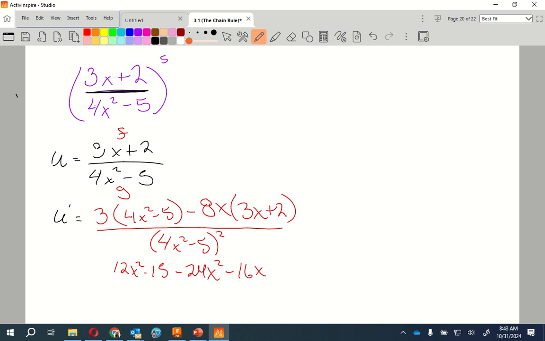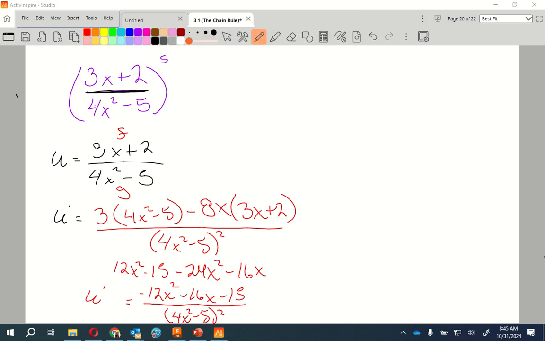Okay, so that's going to give me negative 12x squared minus 16x minus 15 all over 4x squared minus 5 squared. That's my g squared right there. Here's my u prime.